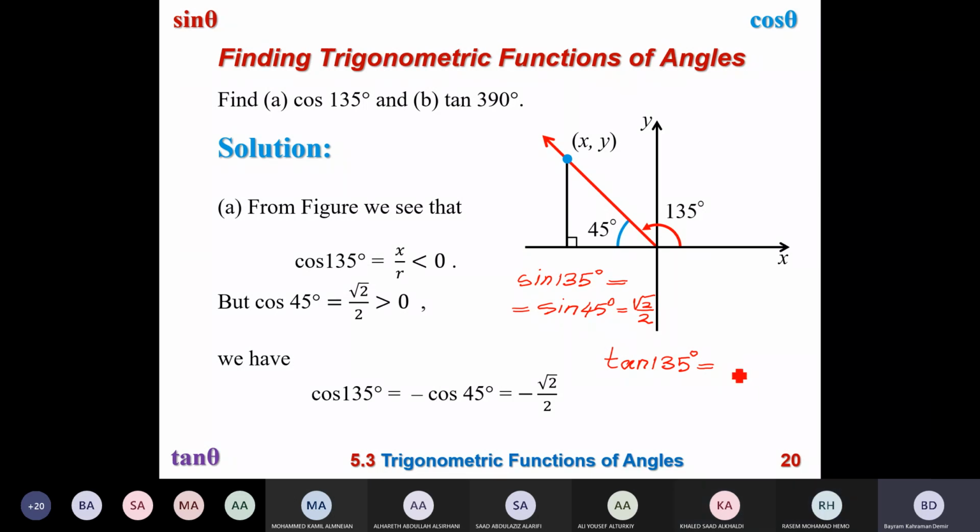So it will be negative tangent of the reference angle, which is tangent of 45. Do we remember tangent of 45? 1. So tangent of 135 will be negative 1. You understand how we use the reference angle? Is it clear now?